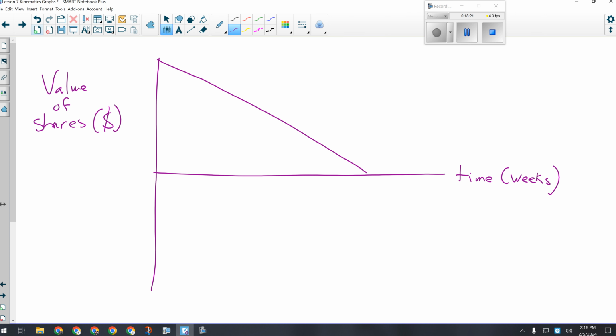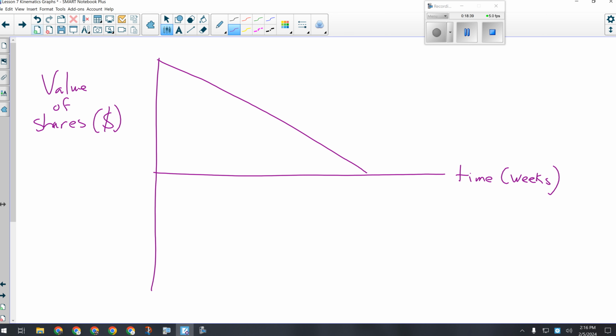On the y-axis I've got the value of shares. If you own stock in Disney, your graph would look like this. The value of your shares is clearly declining over the space of several weeks.